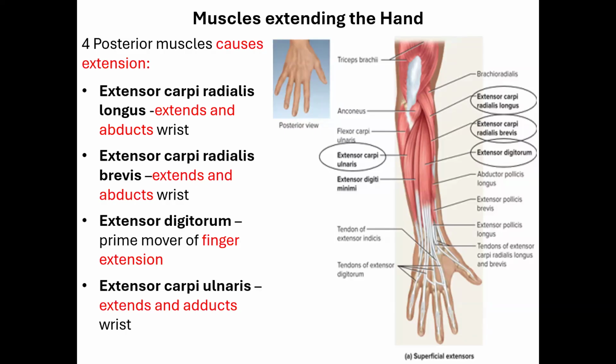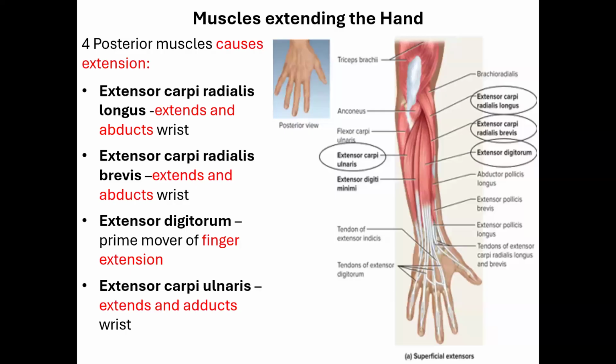Does it all make sense? Is it making it easy? I know there's a lot of words coming, but I'm trying to make it easy for you to remember these things, okay? So remember, there are two extensor carpi radialis. One is a longus, one is a brevis. Brevis means it's smaller. Longus means it is bigger, okay?